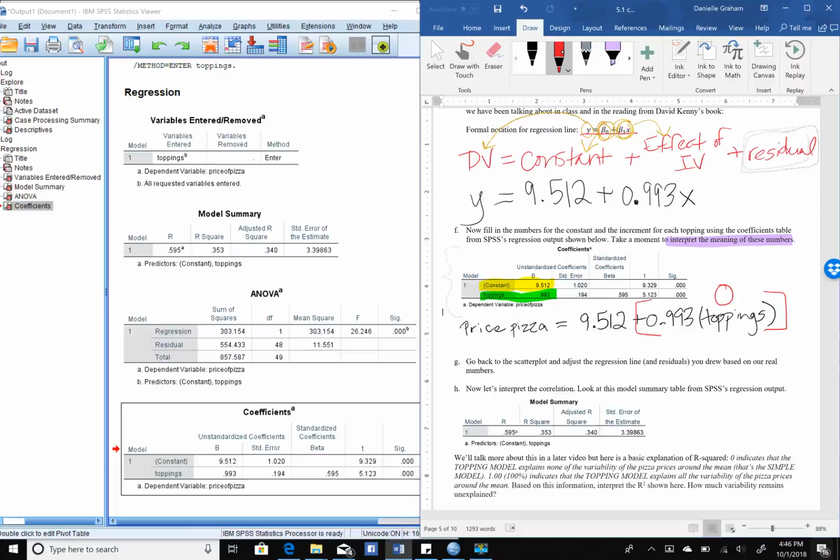So then 0 plus 9.512, this means our pizza with 0 toppings equals $9.51.